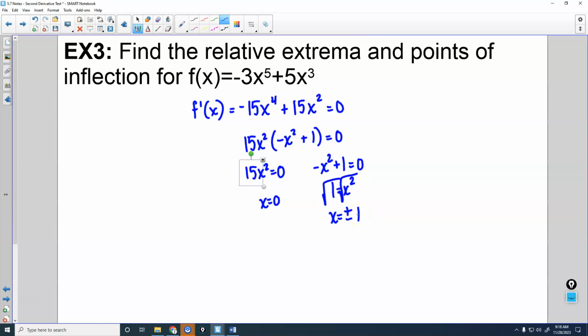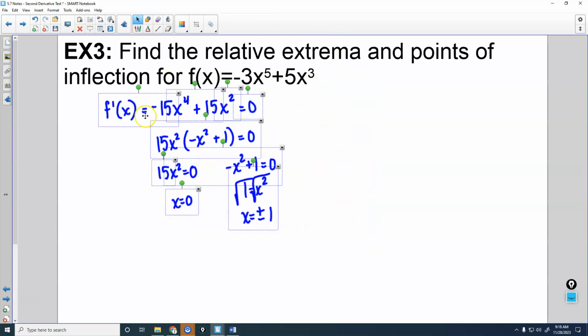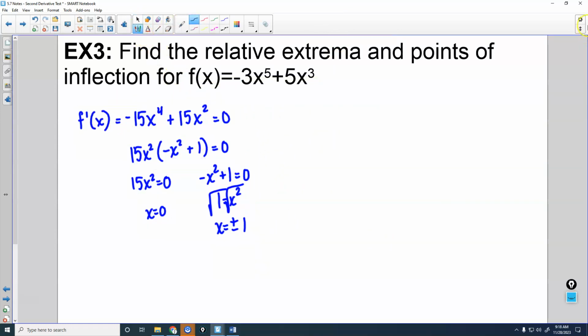So either way, you have to do your critical points. If you wanted to do first derivative test, here is where you would make your sign line for that. But we're practicing second derivative test, so I'm going to slide this over here so I got more room. So let's find our second derivative, and we would have negative 60x to the 3rd plus 30x to the 1st power.